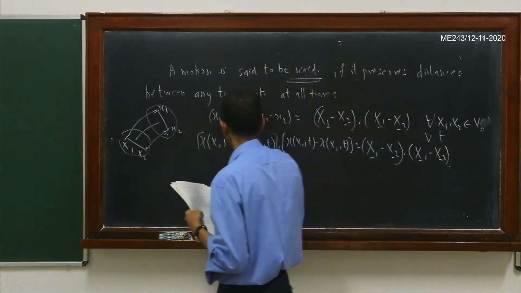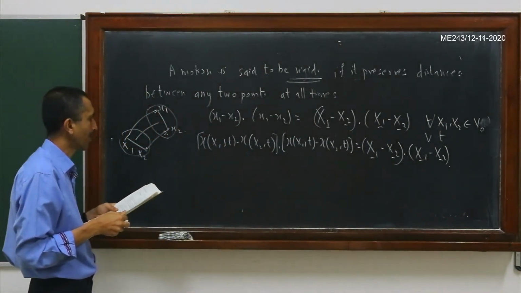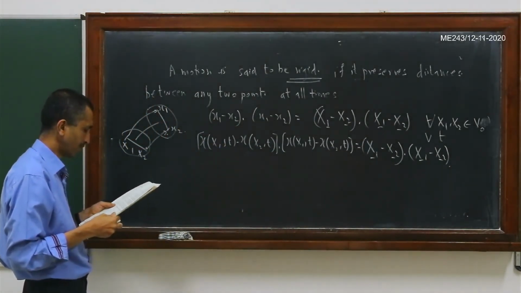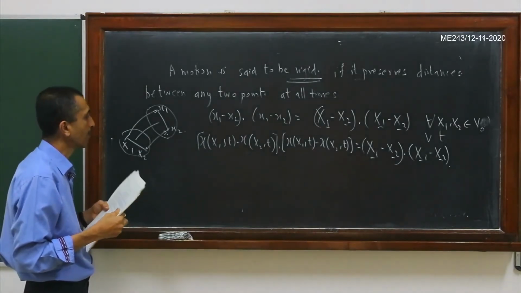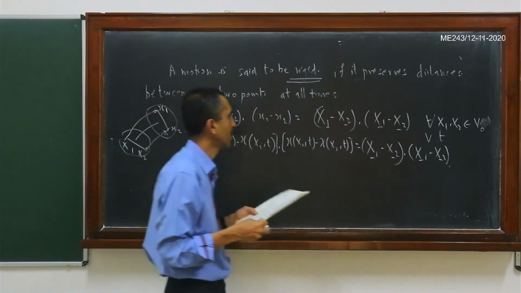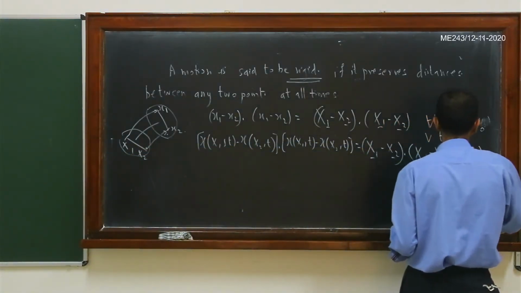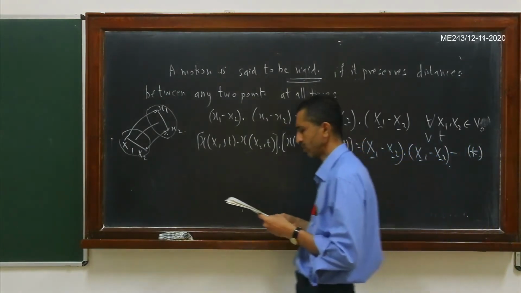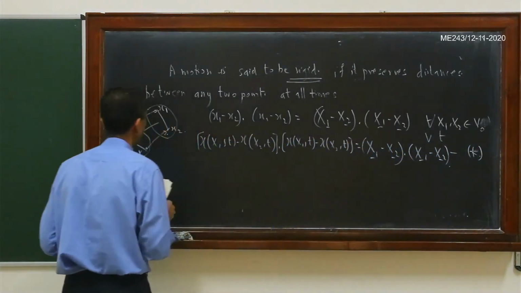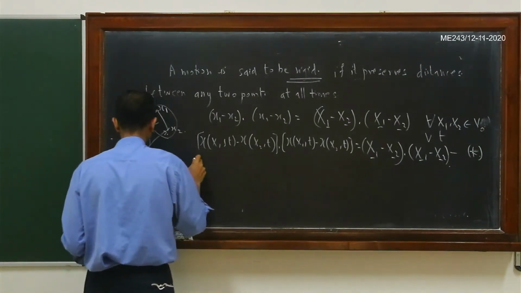You can also write it in terms of the chi map, because small x1 is chi of x1 comma t and small x2 is chi of x2 comma t. So now in terms of this rigid motion, let us give a characterization. Let me call this particular relation star. This is what characterizes rigid motion. So, theorem: characterization of rigid motion.